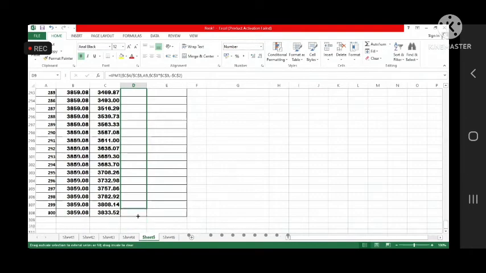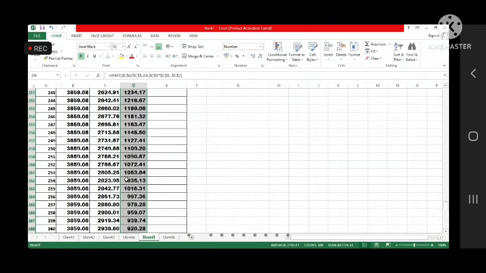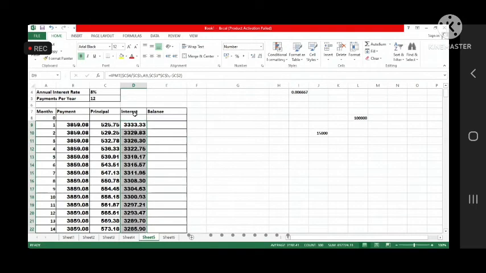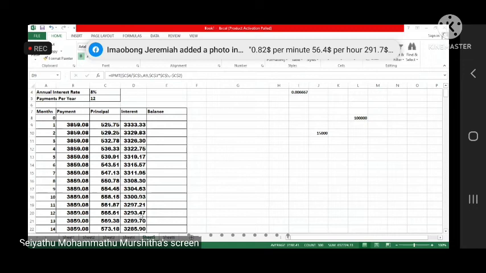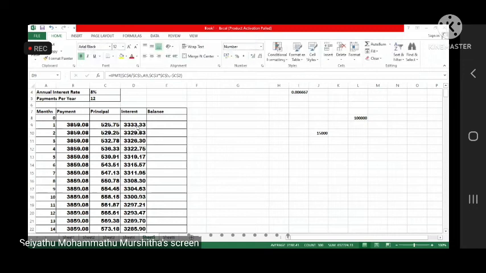Now what is the difference? Now you can see, this is the interest. Now what is the difference between these two? Here you can see PPMT, IPMT, both are the same.